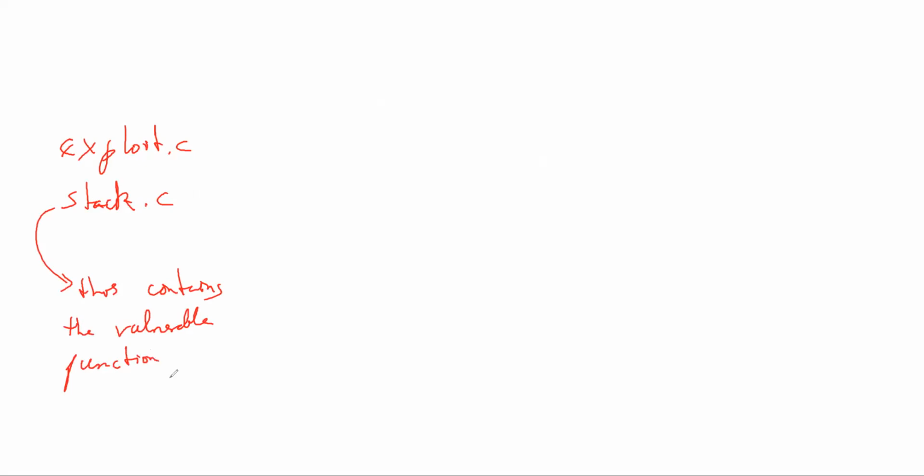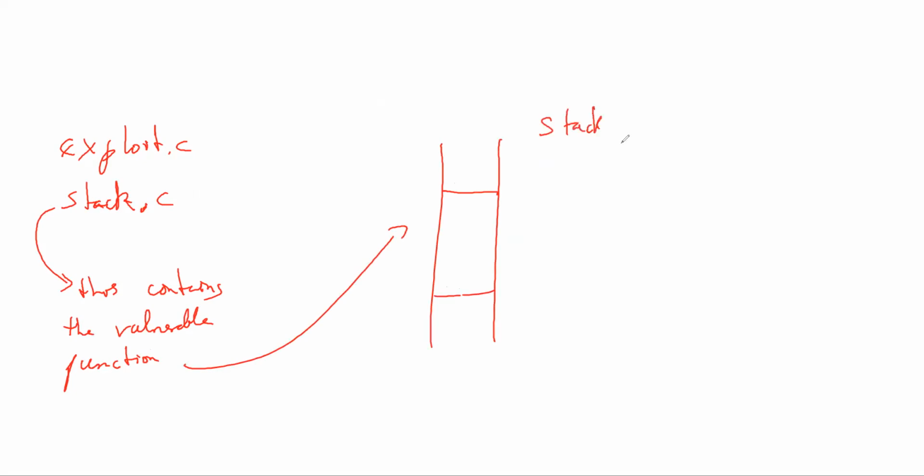Because this is a function, everything about it gets stored in the stack in memory. Just like that. So our target will be to overflow a buffer in stack.c. That function in stack.c will contain a buffer.